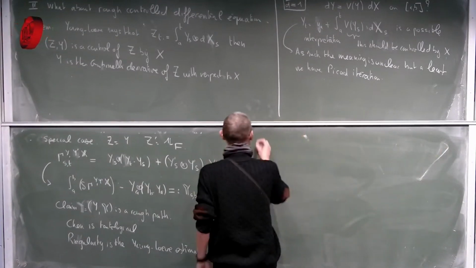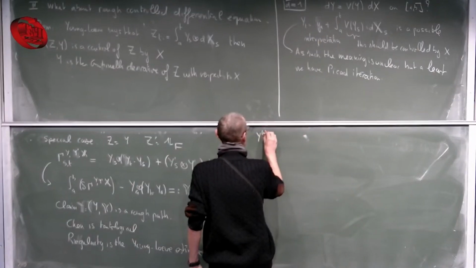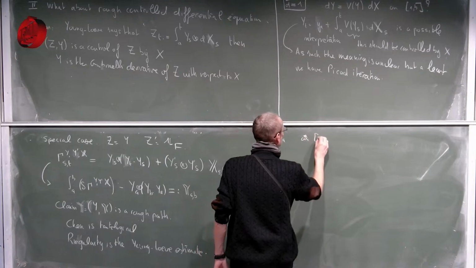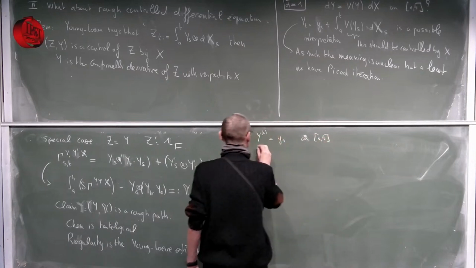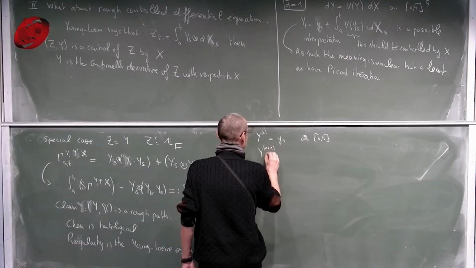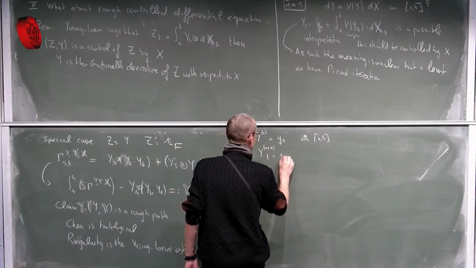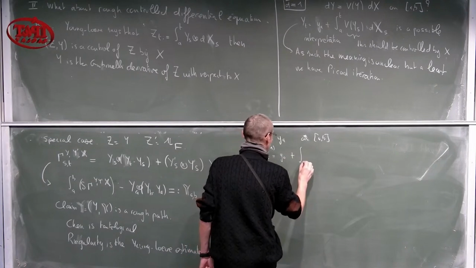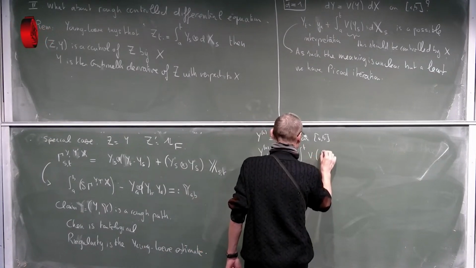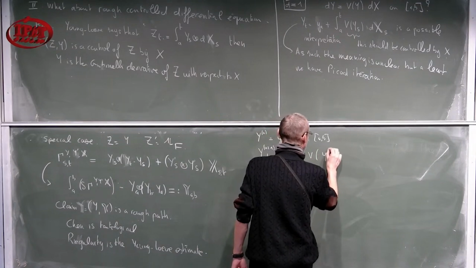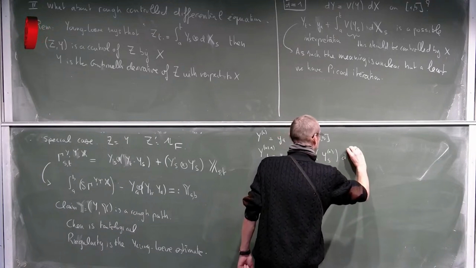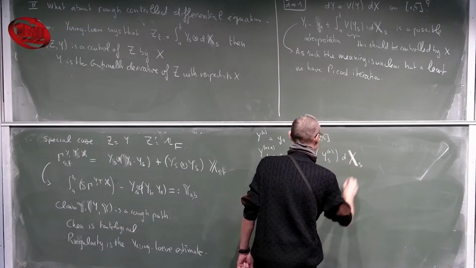We start with y_0 equal to y_a on [a,b], and then I define y_{n+1}(t) equal to y_a plus the integral from a to t of V of y_n(s) dx_s.